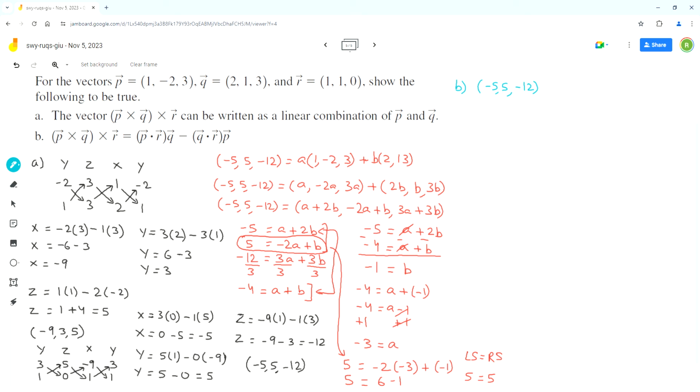So we have to analyze the right side of the equation in part B. So we'll start by finding the dot product of vectors P and R. The vector P is 1, -2, 3.